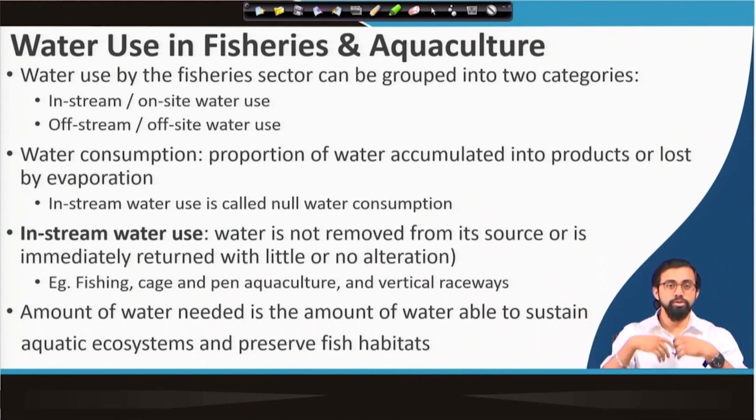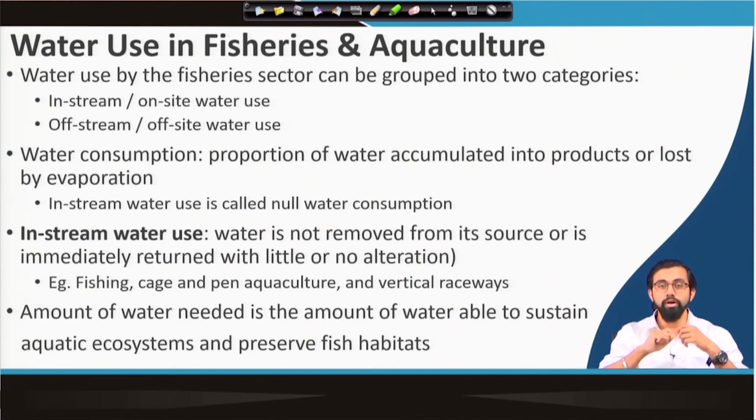In that structure you culture your target species. But there you are not putting any effort to introduce water into the system, or to neutralize the water losses from the system. So this is called in-stream water use, right?